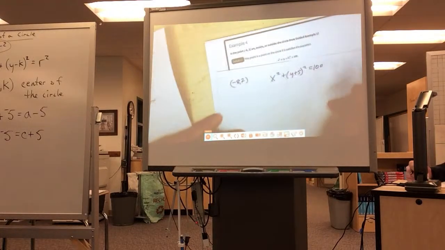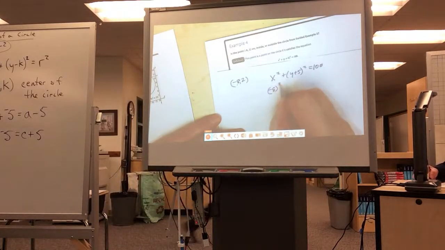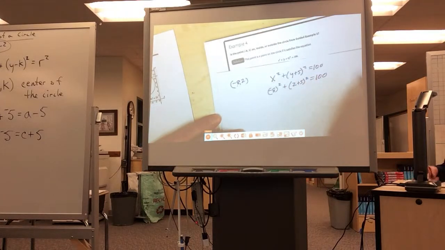So if we put -8 in for x, and we put 2 in for y, and we do all of the work, if it's equal to 100, that means it lands right on the circle. And that would be really easy. So if we do that, we took the quantity -8 squared plus the quantity 2 plus 5 squared. Does that add up to 100?